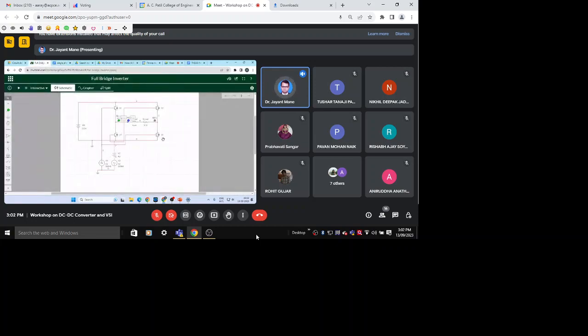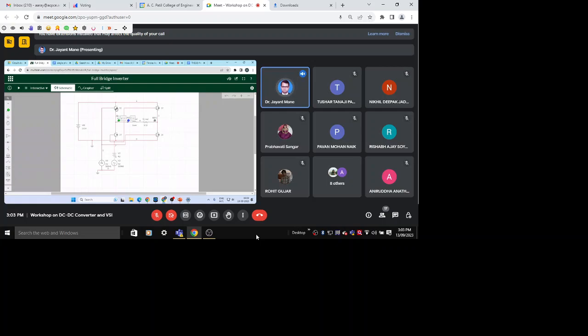So the same is simulated here. Okay, RL load, 4 switches, and see these two gate pulse sources. Obviously, they have to be giving pulses to the switches. See this source is giving pulse from here, one wire going to this switch and another wire going to this.